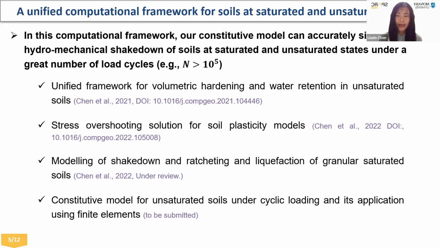Because of the time limitation, I will only present the key aspects of our constitutive model in the following slides. If you are interested, you can take a screenshot and refer to the papers listed here for the full story.